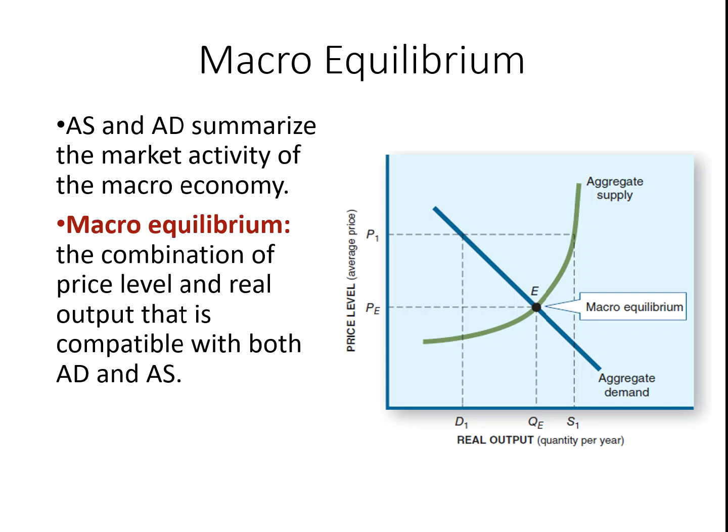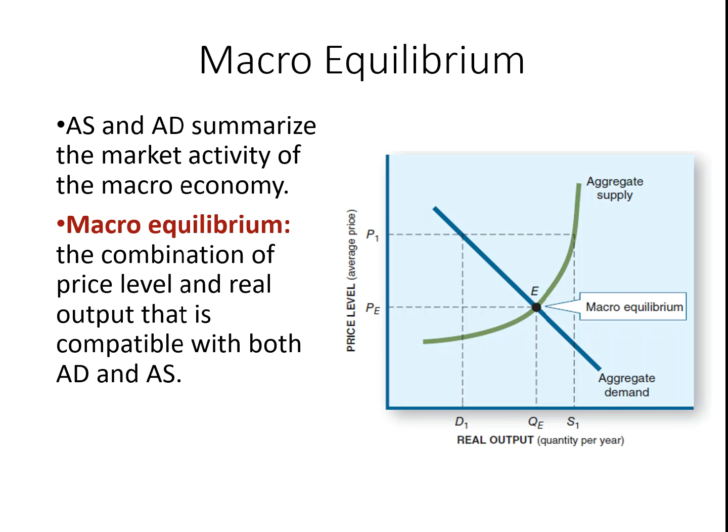So the macro equilibrium is the combination of the price level and output that is compatible with both aggregate demand and aggregate supply. Very similar to the equilibrium in the micro, individual supply and demand, the equilibrium is unique, which means we cannot have more than one equilibrium in one chart. So we only have one intersection.